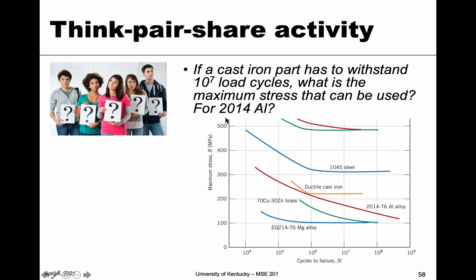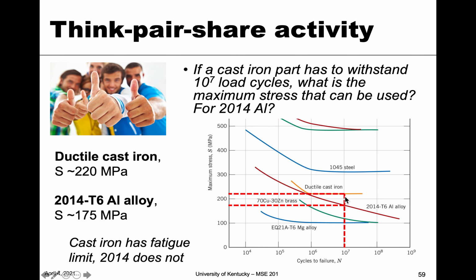And for the 2014, if we go and find that, so that's the red curve here, and we see that it's right here. And for that one, it's maybe closer to 175 over here. So that's what I've just drawn here with these lines to show that the stress amplitude can be about 220 megapascals for the cast iron and about 175 for the aluminum alloy.